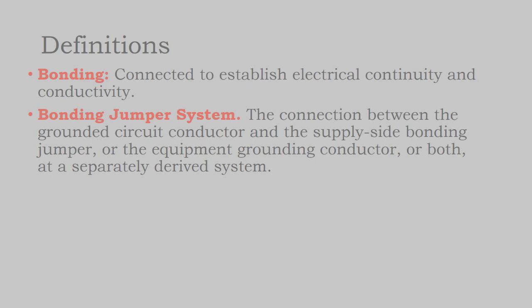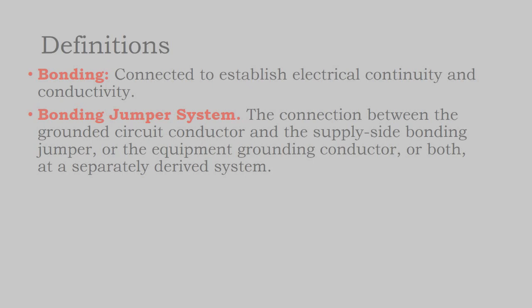Whether you say the metal is bonded to the equipment ground conductor or all metal parts are grounded, I guess saying that the metal is bonded to the equipment ground conductor is more specific than just saying all the equipment is grounded, because that gets confusing.